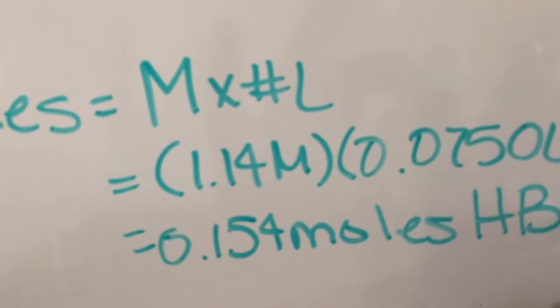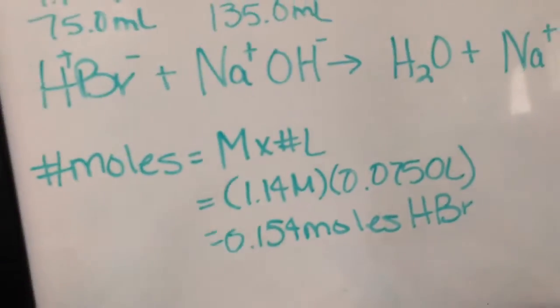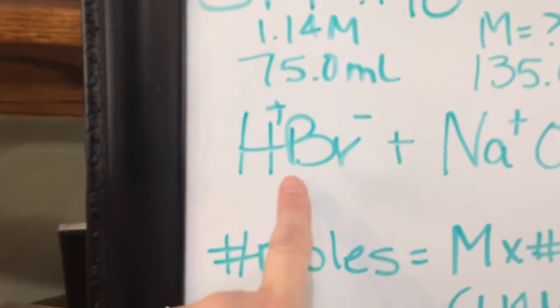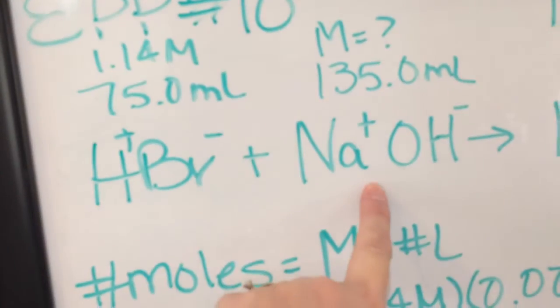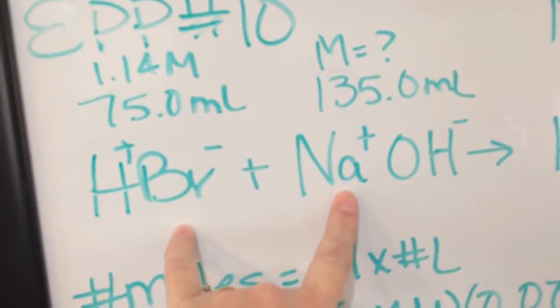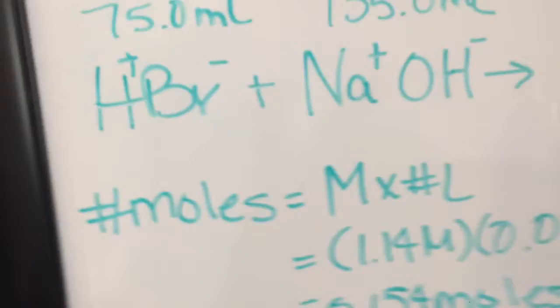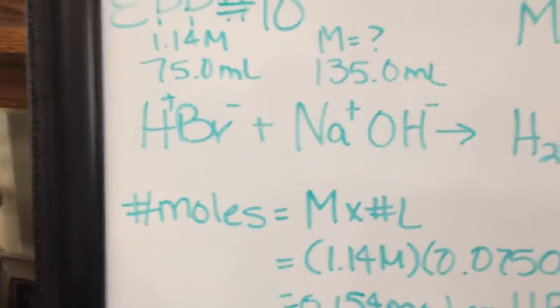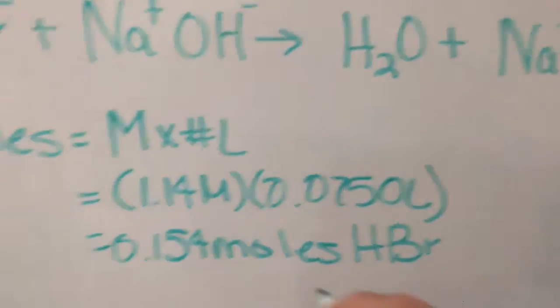Okay, so now what do I do? Great, I have the moles here. Well, what does that mean? That means now I relate it to the NaOH. That's why we balance, okay? So now we know that 1 mole of HBr relates to 1 mole of NaOH.